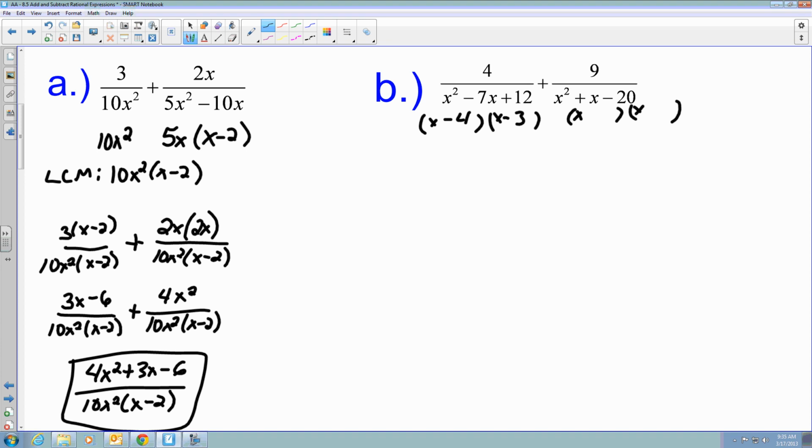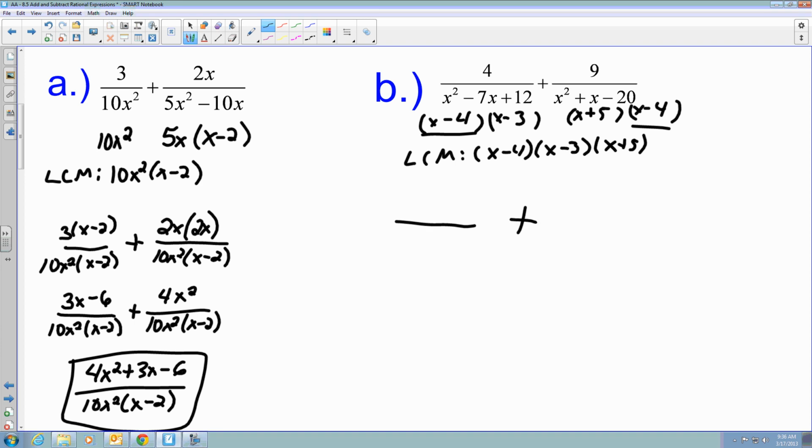I'm going to have plus 5 and minus 4. So now my least common multiple here is, I got these two in common, so I can just write x minus 4 once, and then it's x minus 3 times the quantity x plus 5. So that's what I write in the bottom for my denominator.